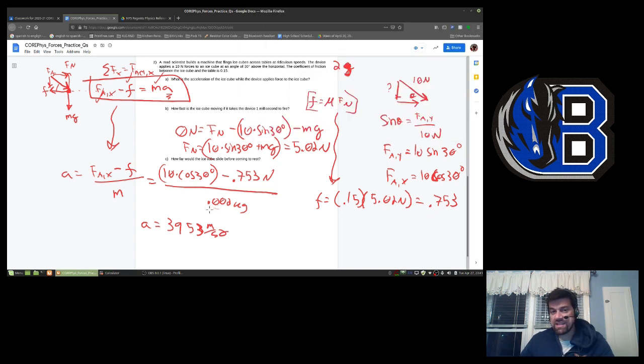How fast is the ice cube moving if it takes the device 1 millisecond to fire? So this incredible acceleration is going to exist for 1 millisecond. I have an acceleration, but I also know that that's my change in velocity over time. So if I have my acceleration times time, I get my increase in speed.